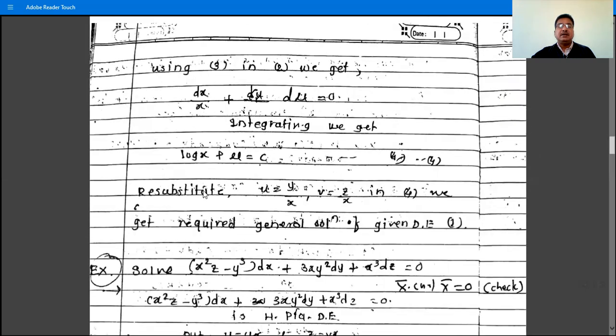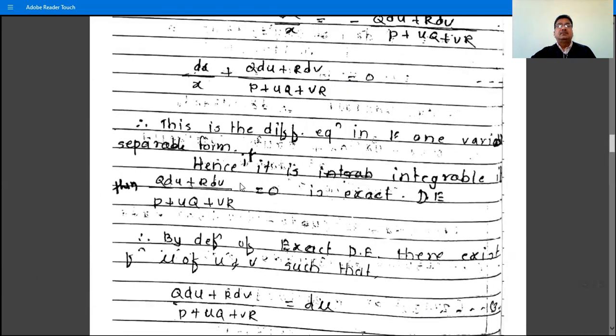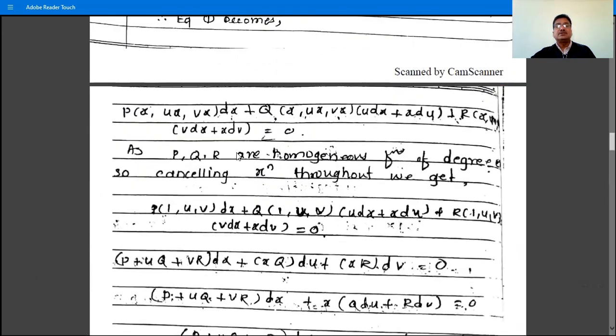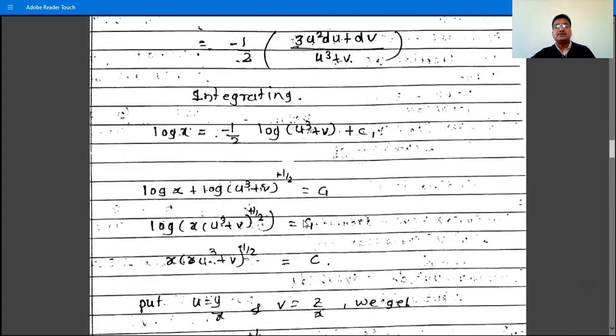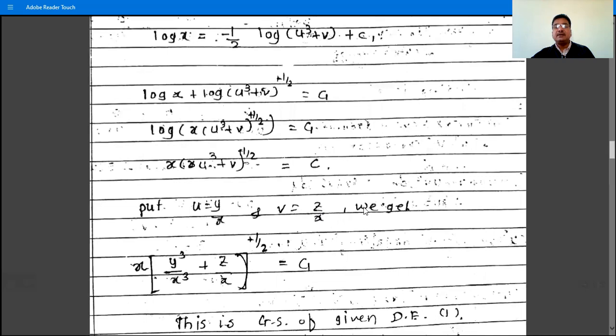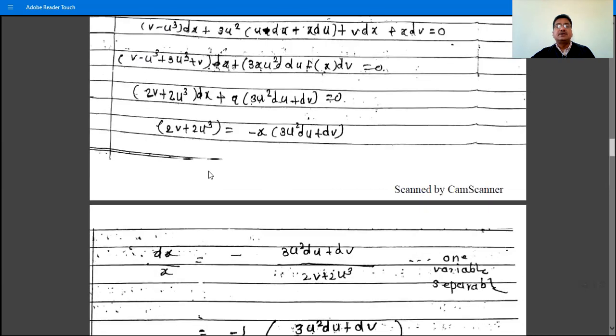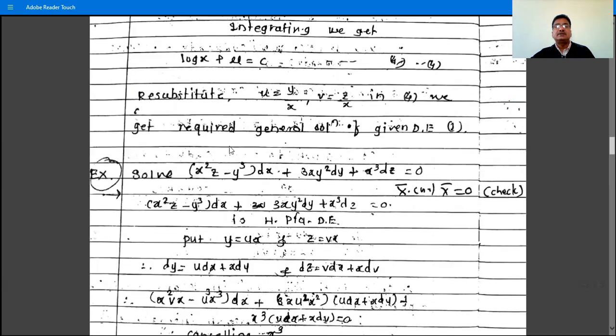After resubstituting u is equal to y by x, because y is ux, so resubstitute u as y by x and v as z by x, we get the general solution. So in this final answer, log x plus mu is equal to constant.